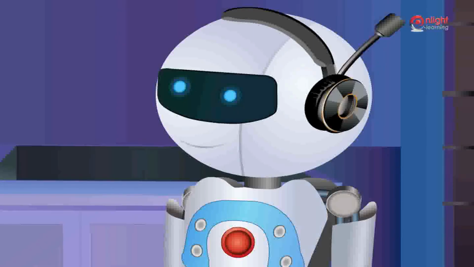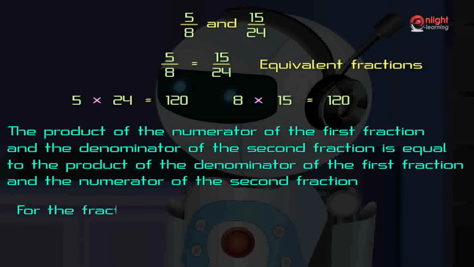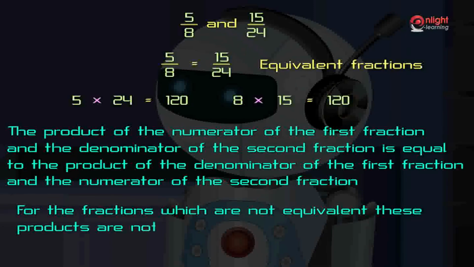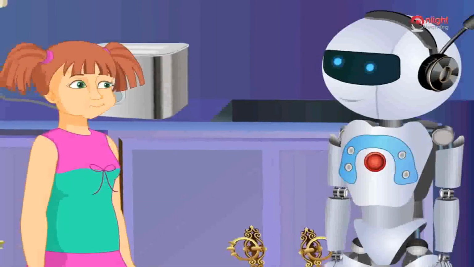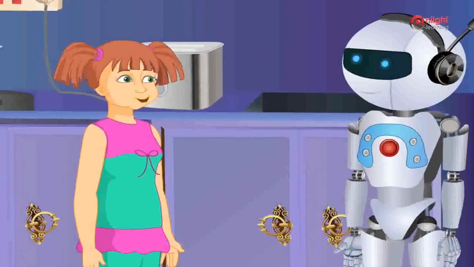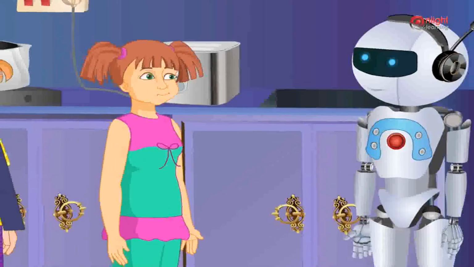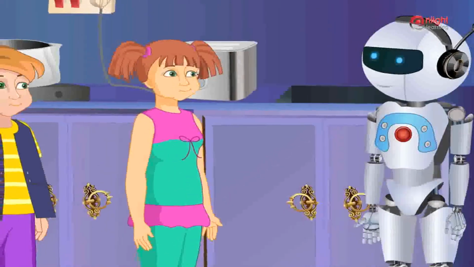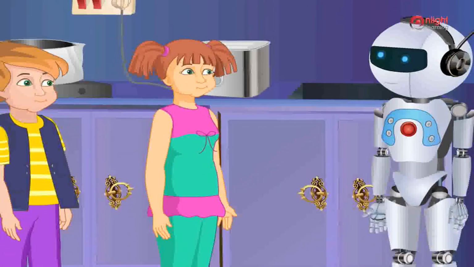You will also observe that for fractions which are not equivalent, these products are not equal. Therefore, the above discussed method will help us to find out whether the given fractions are equivalent or not.